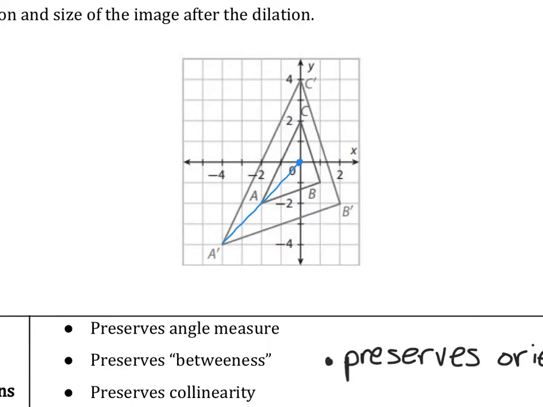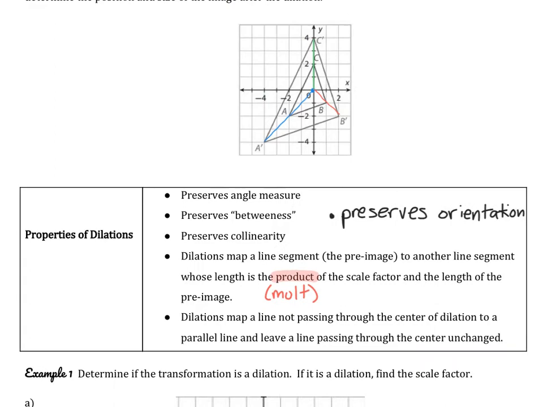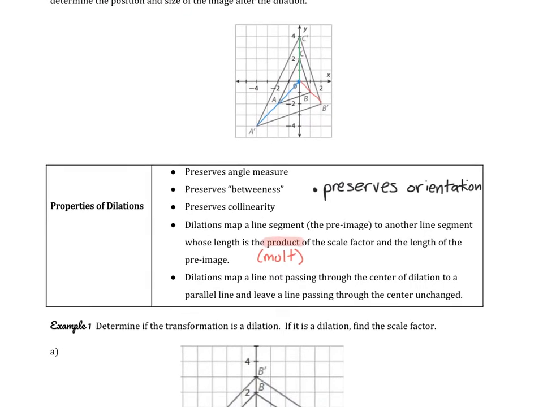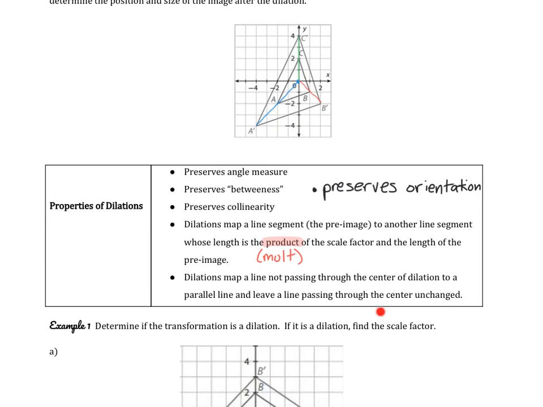The same thing happens when I draw a line to B prime. You'll notice that it goes right through B, its pre-image coordinate. And same from the center to C prime. It goes right through its pre-image, which is C. So that's another way we can check to see if something is being dilated.